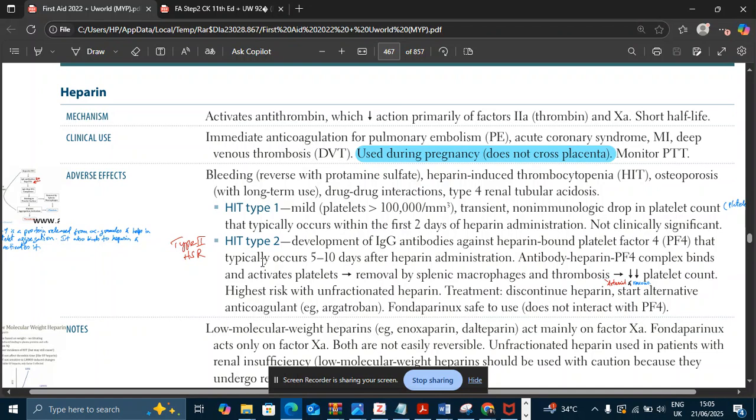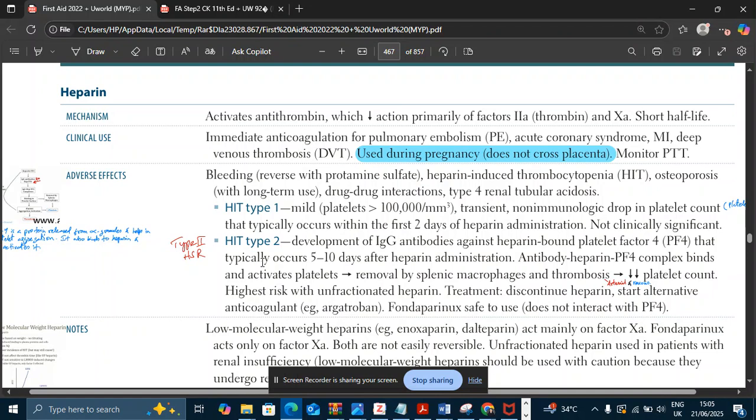Unfractionated heparin is more effective in inactivating thrombin than low molecular weight heparin. Unfractionated heparin should be used in renal insufficiency, while low molecular weight heparin should not be used in renal insufficiency. Unfractionated heparin is the one that more likely causes heparin induced thrombocytopenia than low molecular weight heparin.